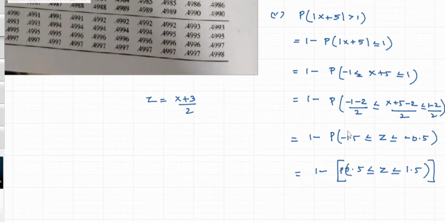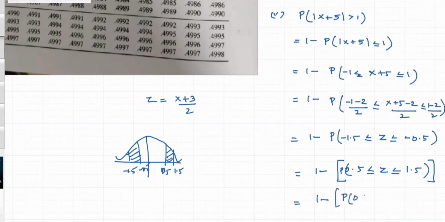Due to the symmetry of the standard normal curve, the area between -1.5 and -0.5 is same as the area between 0.5 and 1.5. Now, again using the property which we already used, I can write it as 1 minus probability of 0 less than or equal to z less than or equal to 1.5 minus probability of 0 less than or equal to z less than or equal to 0.5.